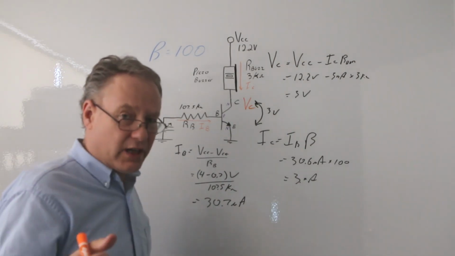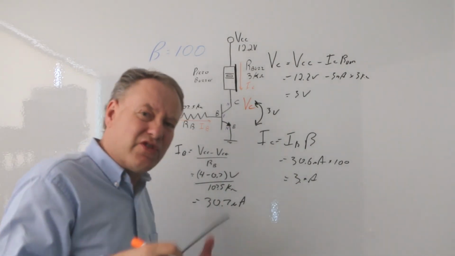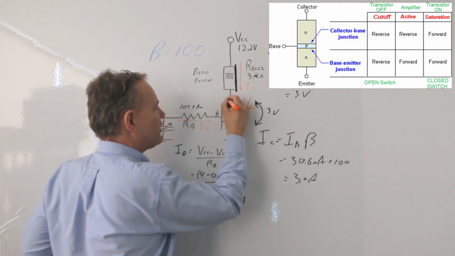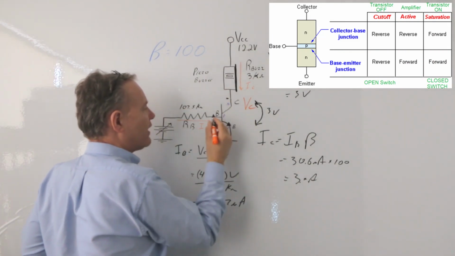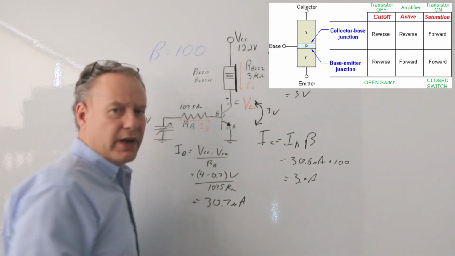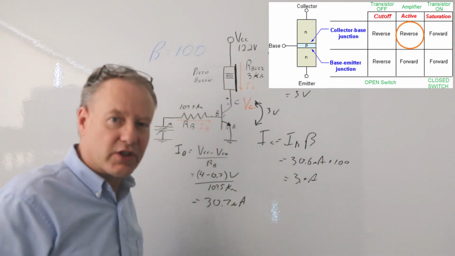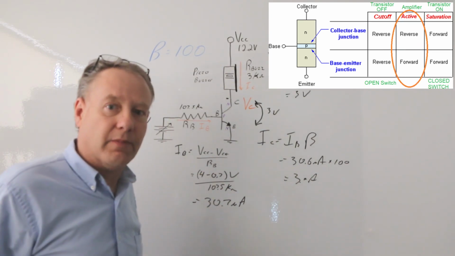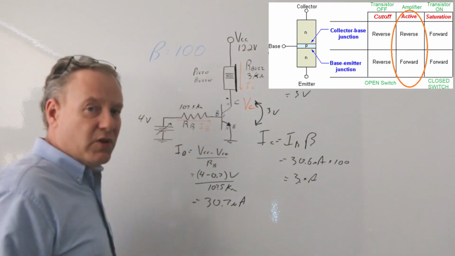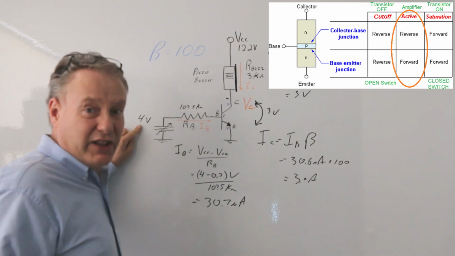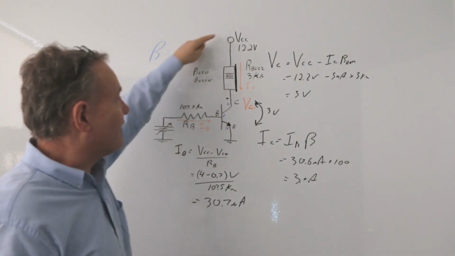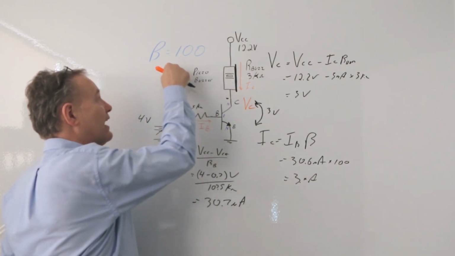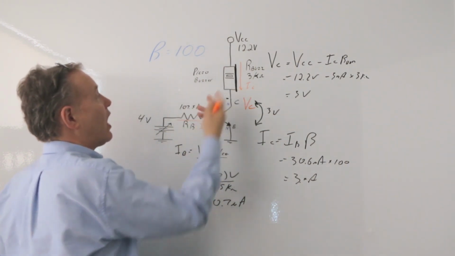So now let's take a look at that biasing. Remember I said we're going to really study the biasing going on here. Right now I've got 3 volts potential right here, and 0.7 volts potential right there. That junction is reverse biased, so we know this is in amplification or active mode. It's actually amplifying. Now if I were to crank this down to say 2 volts, we would see less current going through here, and my gain is going to be amplifying that by 100 over here.